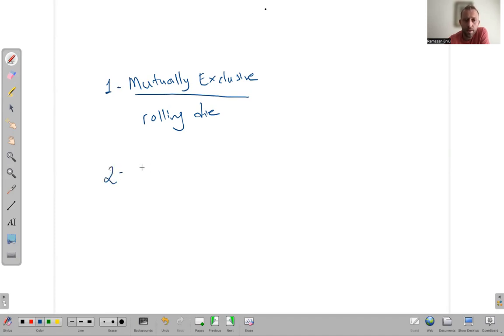And the second one is collectively exhaustive. Okay. So in this case, let me say I have an experiment. This is the region of the experiment, let's say, and this part is event 1, and this part is event 2.